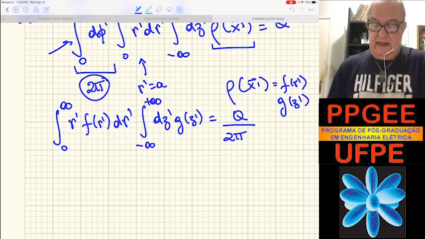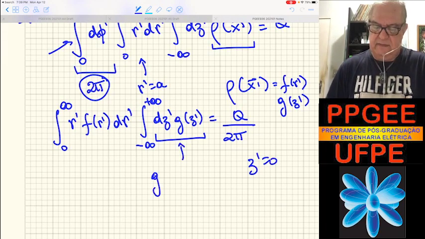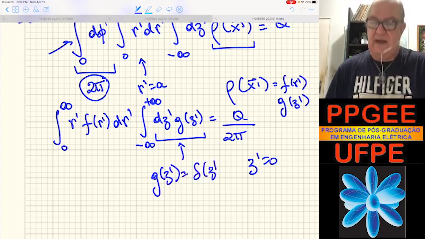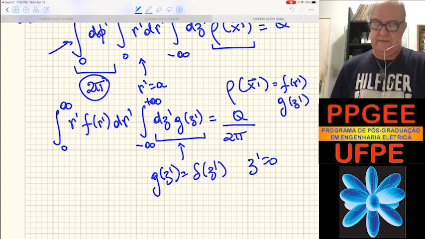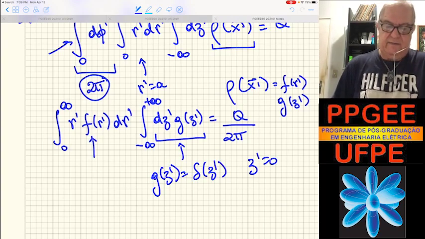Now let's say the loop is located at z prime equals 0. So this means that g of z prime equals delta of z prime minus 0. I don't have to put that. And this one here, the loop is at r prime equals a.